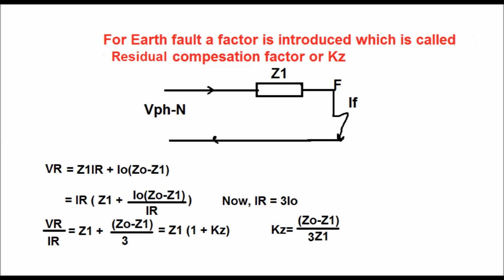Now that is equal to Z1 into (1 plus Kz), where Kz is equal to (Z0 minus Z1) by 3 Z1. It is called the residual compensation factor Kz. The value is given by zero sequence impedance minus positive sequence impedance divided by 3 into positive sequence impedance.